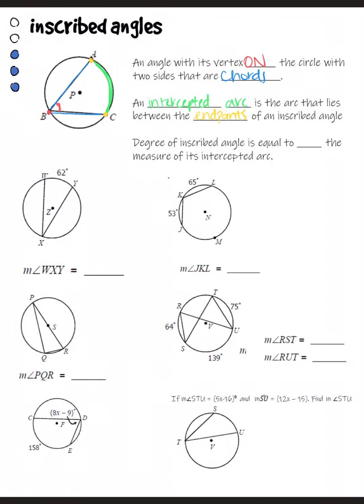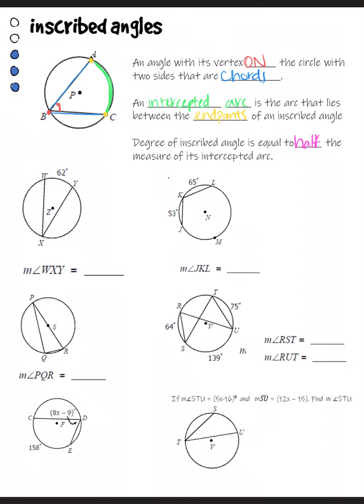So what do we know? The degree of the inscribed angle is equal to half the measure of its intercepted arc. So remember when we had our central angles, they were the exact same. This angle would be the same as the arc.